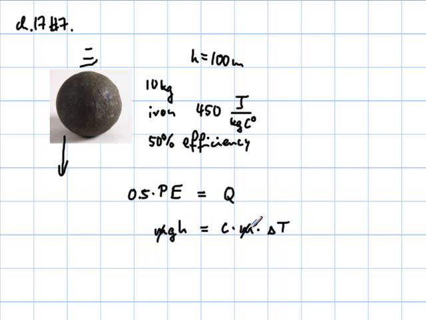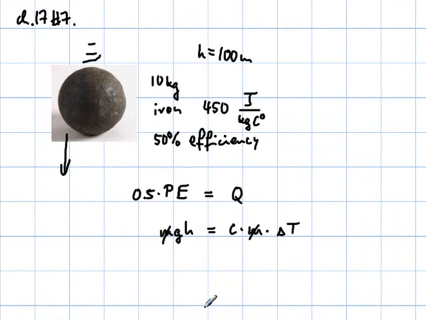The temperature difference here is independent of the mass. Oh, I almost forgot that 50% efficiency, so there's a 0.5 in the front here.